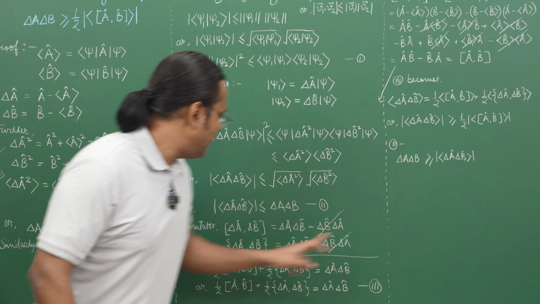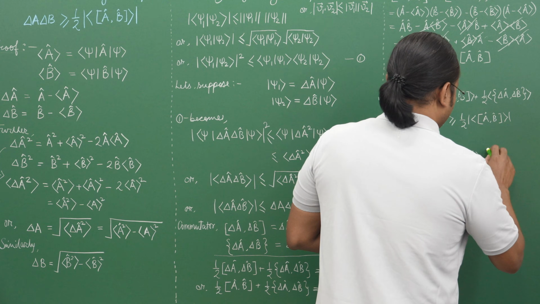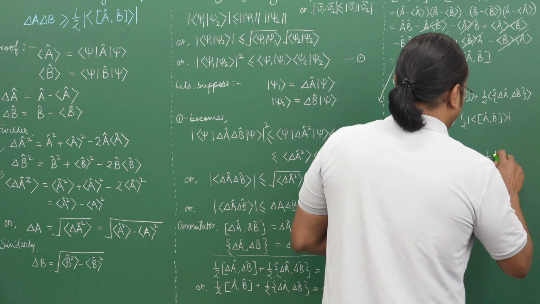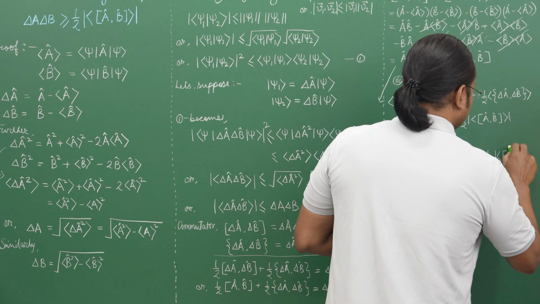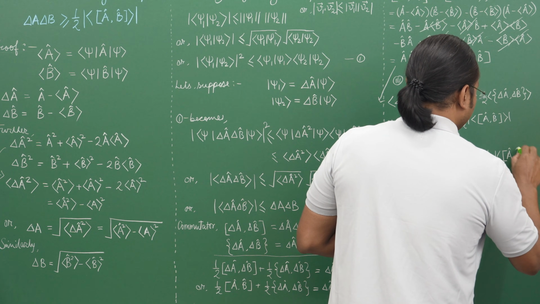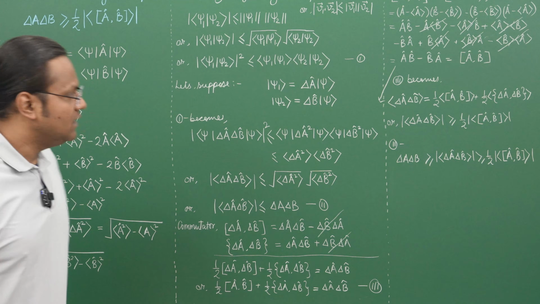Which, by the way, is always greater than equal to half of the mod of expectation value of the commutator of A and B. So there you have it. We have finally obtained our expression.